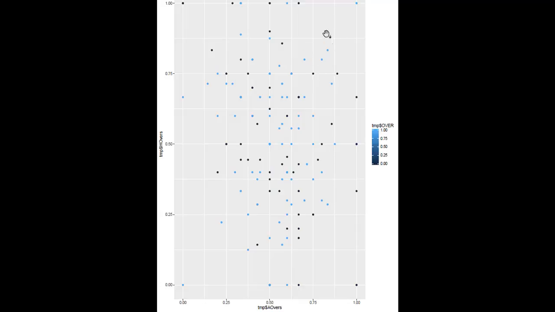So all the dots in this top right corner would involve teams where both the home and the away team had overs more than 75% of the time. And if we just count, we can see that there's 1, 2, 3, 4 light blue dots in this top right corner and 1 dark blue.